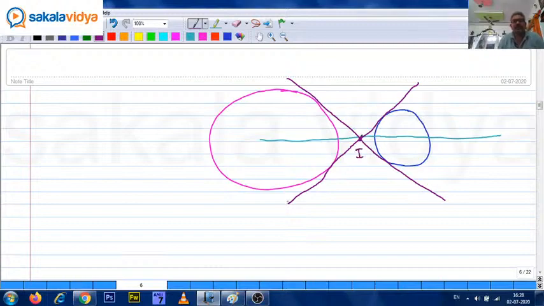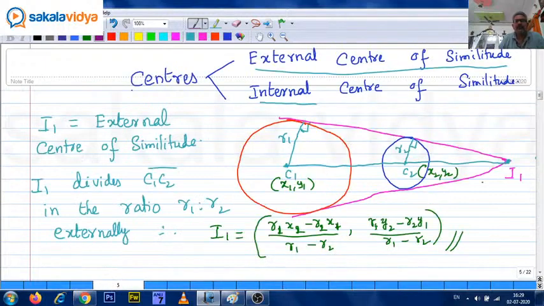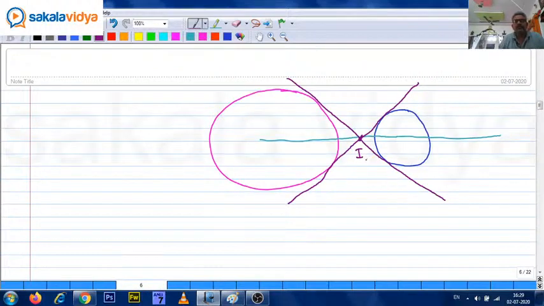For example, say the previous case, you can say I2. Okay, now say this is I1. Now this is center C1. This is center C2. So now say the radius of the first circle is R1, radius of the second circle, say R2.